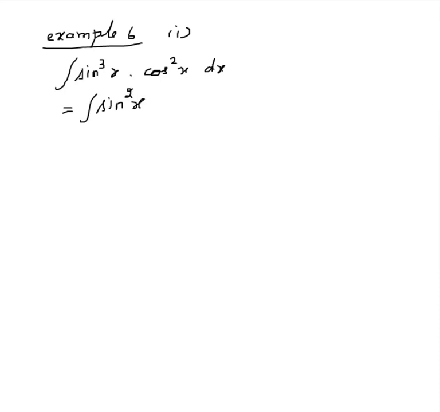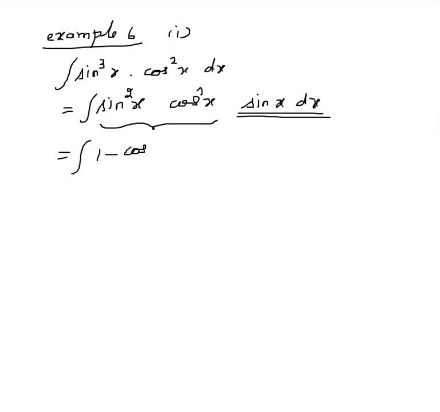So sine square into sine x dx, and we have cos square x term. Since we have sine x dx, let us write the rest of the term in terms of cos. So easily we can change sine square. Sine square is 1 minus cos square into cos square and into sine x dx.